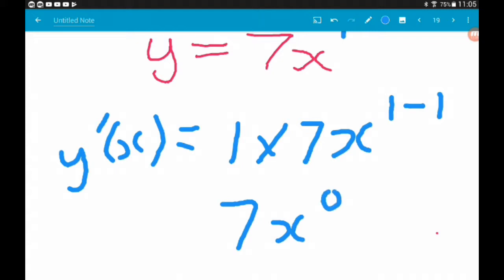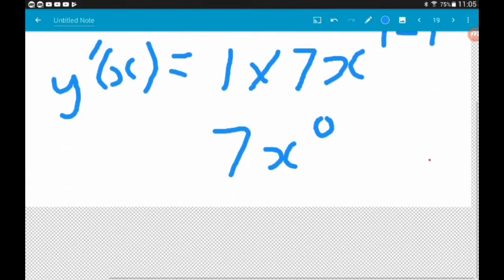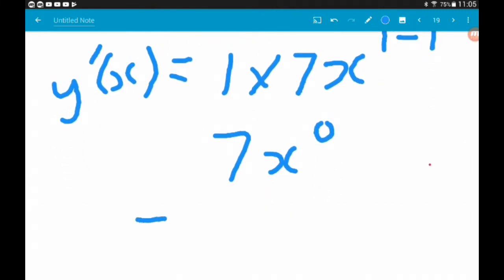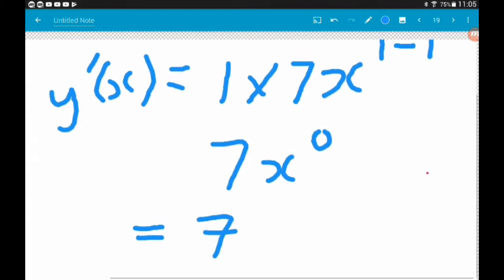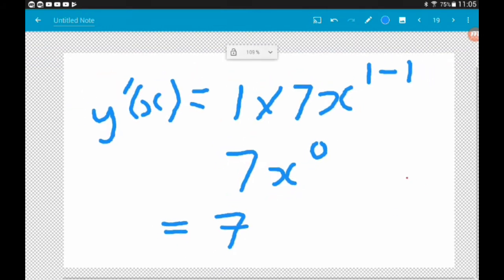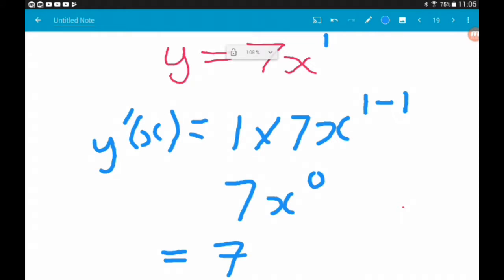Now, anything to the power of 0 is 1. So this is just 7. So what we've shown here, the gradient of this straight line, y equals 7x, is 7, which we already knew, really, hopefully. So straight lines, the gradient is whatever number is multiplying the x term. So we've just shown it here using differentiation.